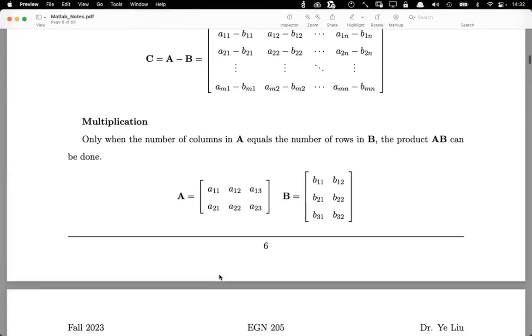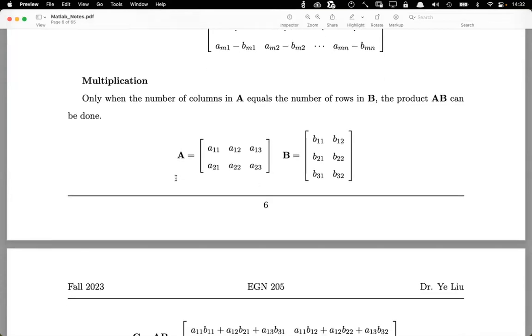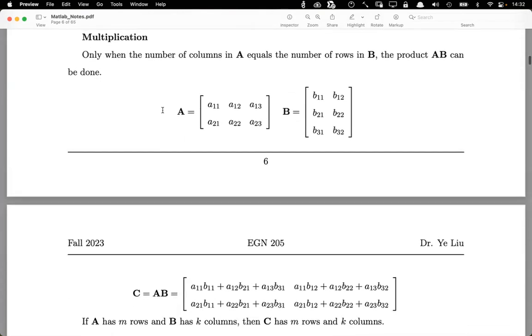Then multiplication is a little bit different. For multiplication, only when the number of columns in A equals the number of rows in B can we do multiplication A times B. Here is an example.